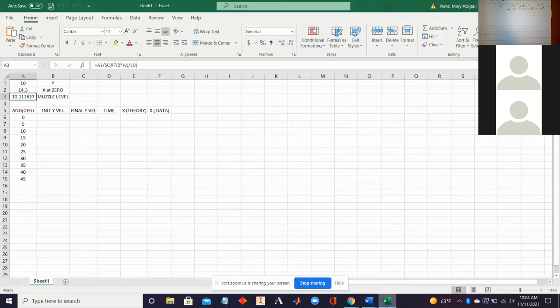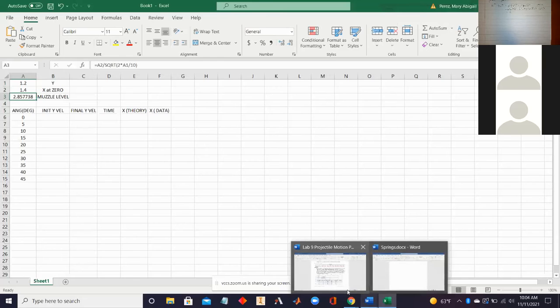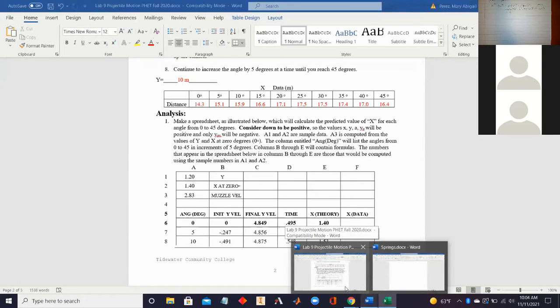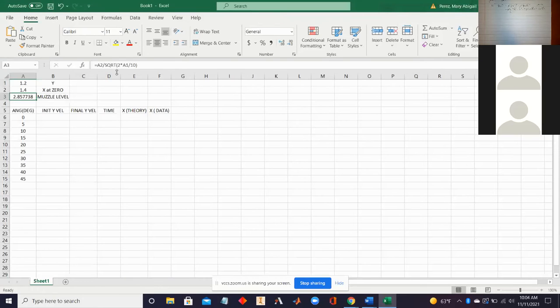Otherwise, you're not going to get anything meaningful. So put 1.2 there. Let's see what you get there. And 1.4. 2.8577, is that what they had for A3? 8.3 they had. Does yours round to A3?